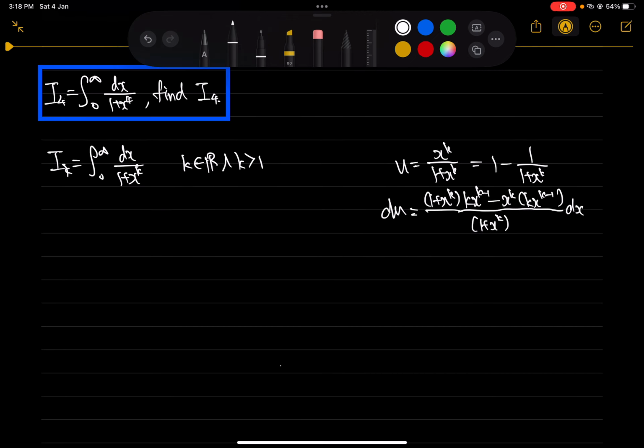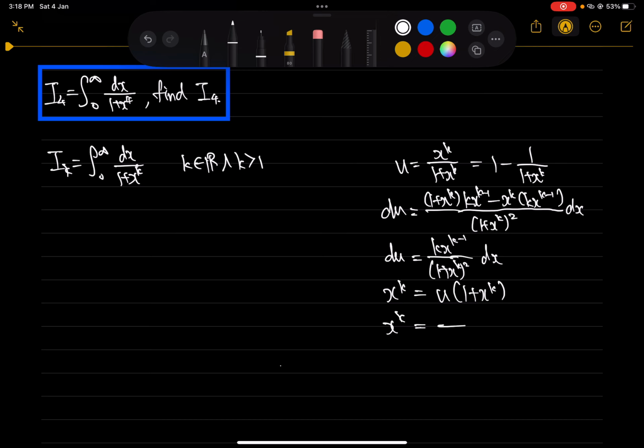And du is also that's also a square. So we have k x^(k-1) over (1 plus x^k) squared dx. We don't know what x^(k-1) is, so we have the following. x^k is equal to u times (1 plus x^k), which means x^k is u over, obviously, 1 minus u, that fraction on the right, just flipped over.